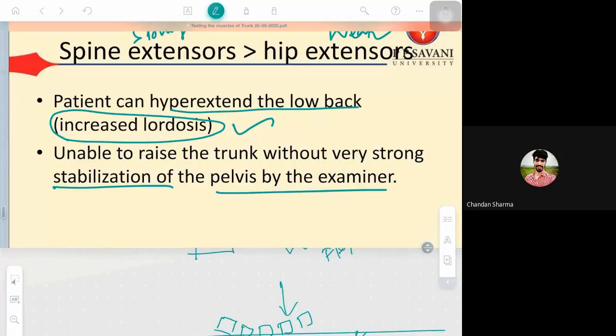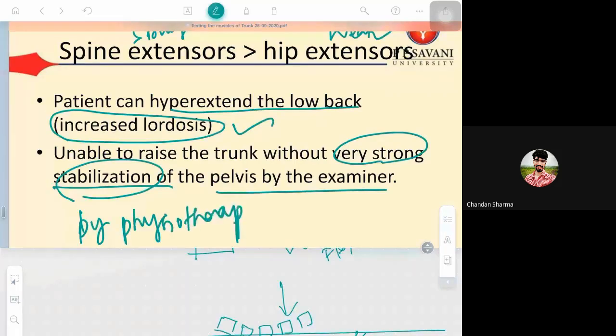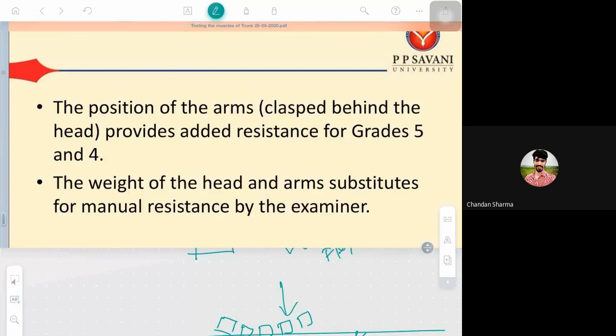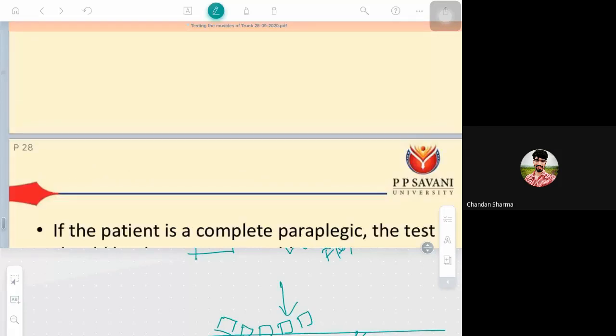So strong stabilization by the physiotherapist is required. Then only he can raise the trunk. Clear? Last point. I think this is the last slide.